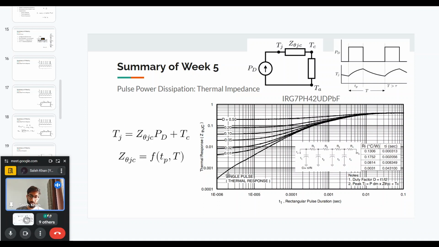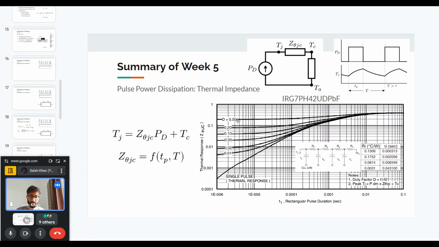And beyond this first curve, we have other curves where we don't have only one pulse, but multiple pulses. And these pulses have a particular duty ratio. So the duty ratio would be the length of the Tp divided by the overall duration between two pulses, capital T. And as this increases, the thermal response or the thermal impedance also increases.